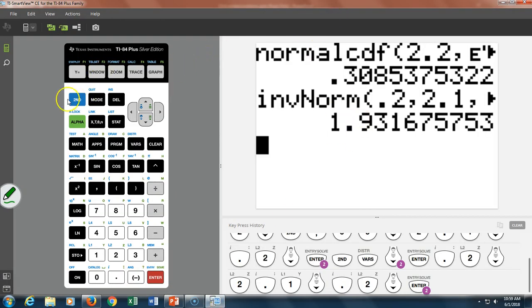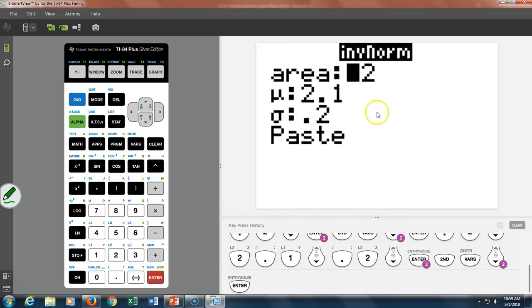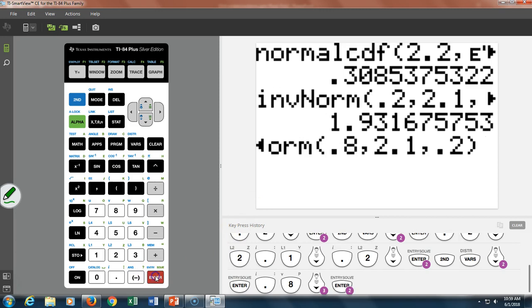So for this one, again, second distribution. Go down and get the third one and enter that. And the only difference is I will change this area to be 0.8. The other values are still the same. Go and paste it and enter it.